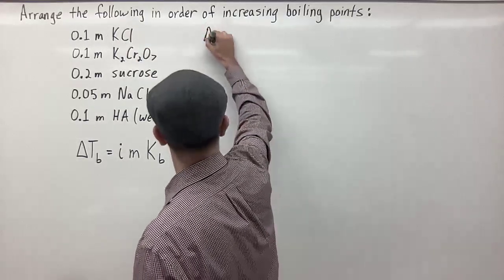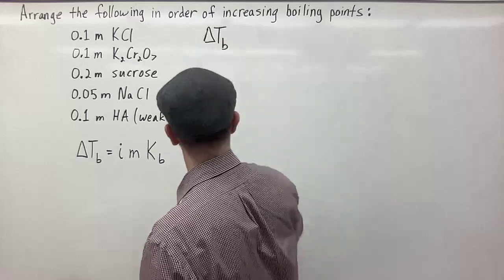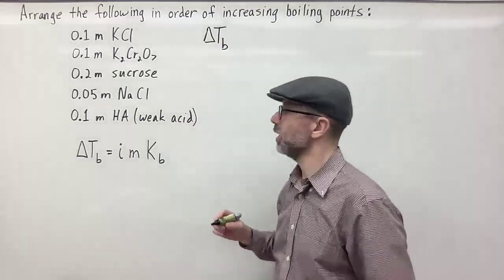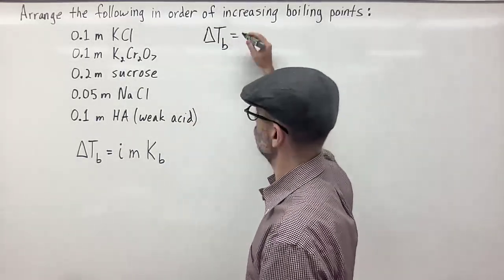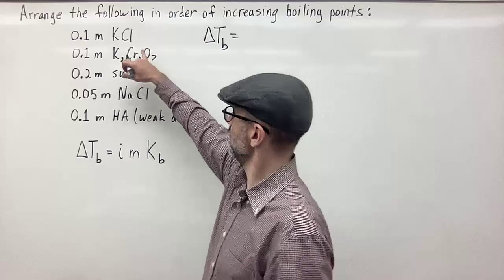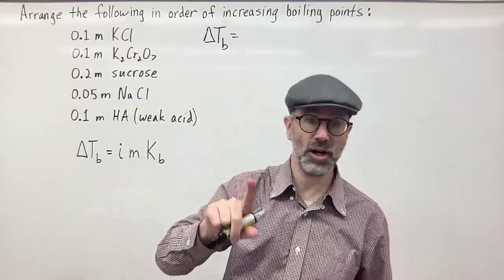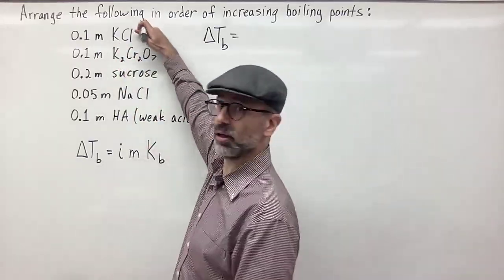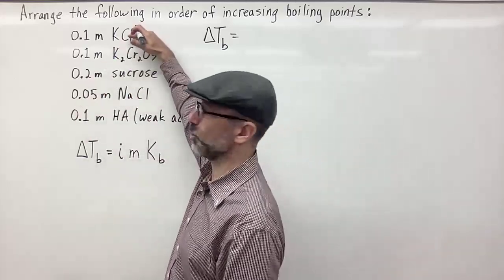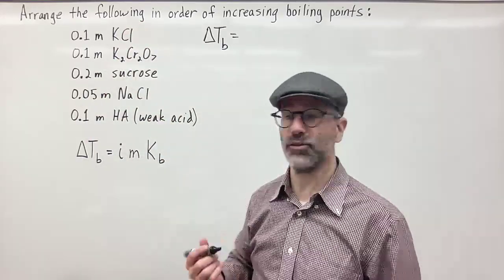So the change in temperature of the boiling point is going to be equal to i. In this case, I get 2 particles for every 1 mole or 1 formula unit, so my i is 2.